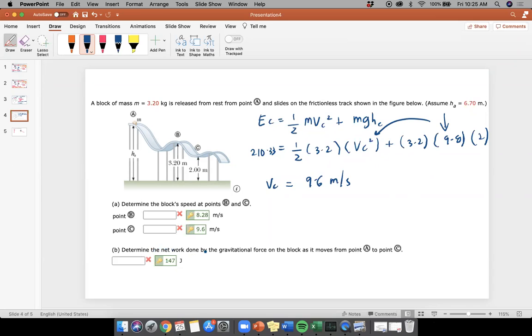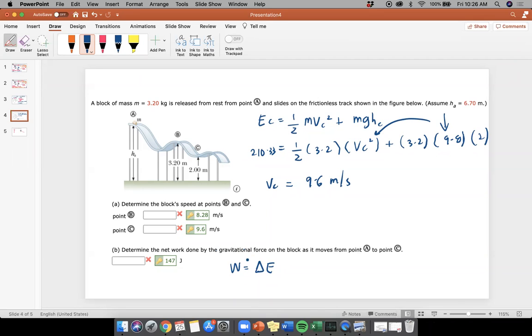Determine the net work done by the gravitational force on the block as it moves from point A to point C. So net work done is equal to the change in energy. We know this already from chapter 4. So from here, we know that there is a change in kinetic energy and there is also a change in mgh.